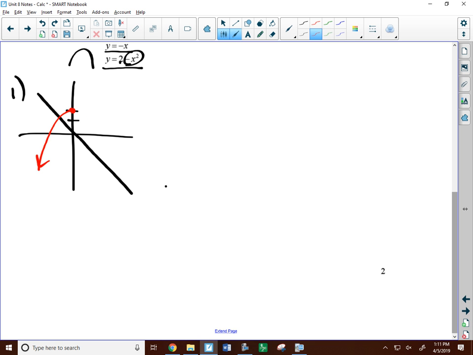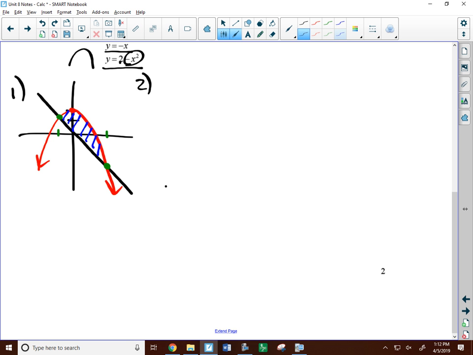Again, if needed, you can go to Desmos or graphing. Where they intersect here and here are the values we need to find. We need to get that a and b value. Then what we'll calculate is the area between these curves, in blue, right there.